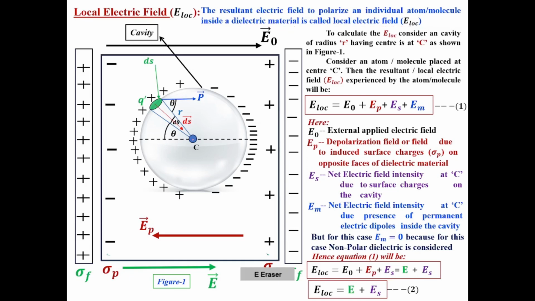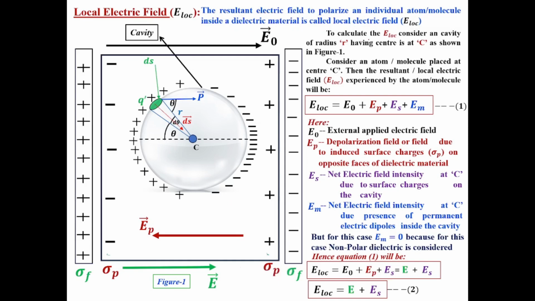That means if we consider an individual atom or molecule, what is the polarization of this atom or molecule that we have to calculate, or due to which electric field, or what is the net electric field applied on this atom or molecule inside the dielectric material. So the simple definition is the resultant electric field to polarize an individual atom or molecule inside the dielectric material is called the E local.